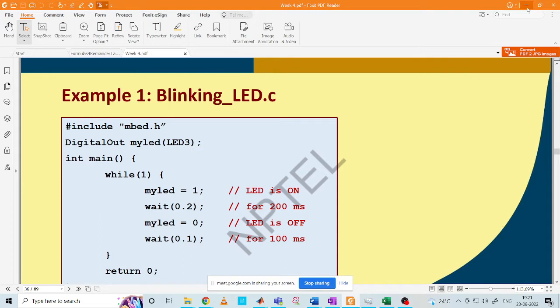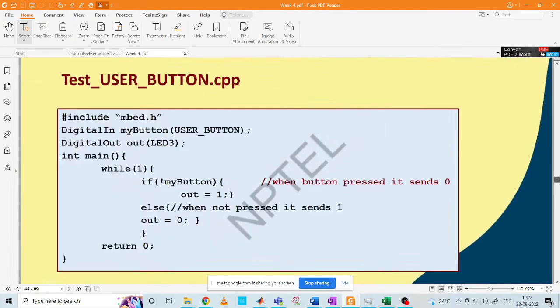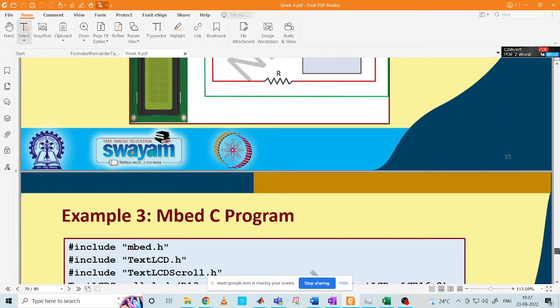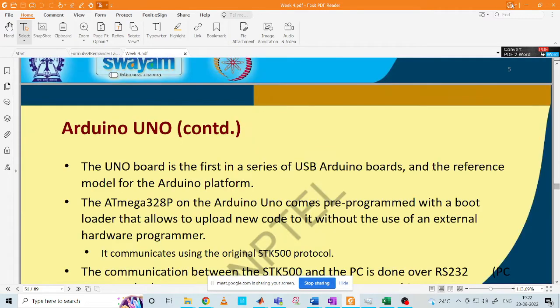If you know C, that is sufficient. All right, sir. And the same is for STM32 also, right? Absolutely. Okay, sir. Okay, so we will directly go to the questions maybe.